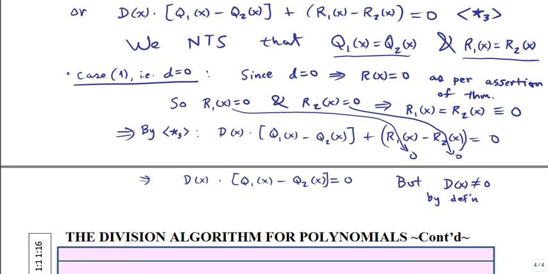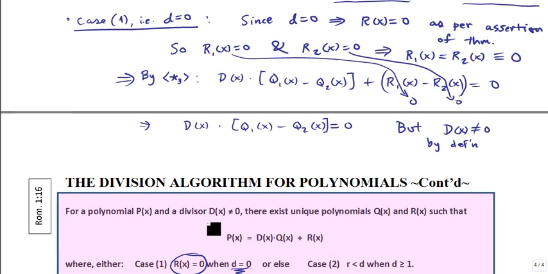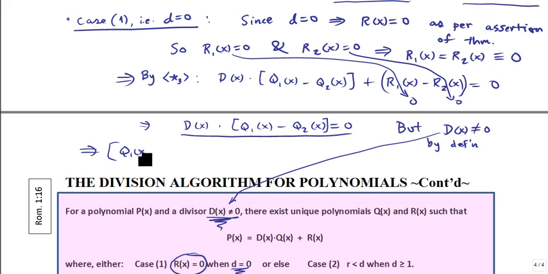Let's remind ourselves of that, right? We're saying that the divisor is different from 0 by definition. This implies then that to make this statement true, the q1 of x minus the q2 of x has to be 0. And this means if I take the q2 to the other side, I get that q1 of x equals q2 of x.